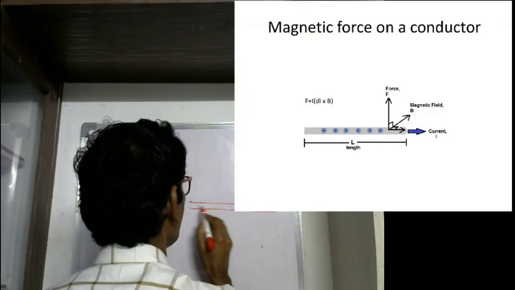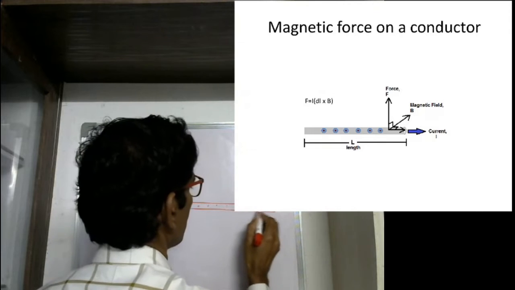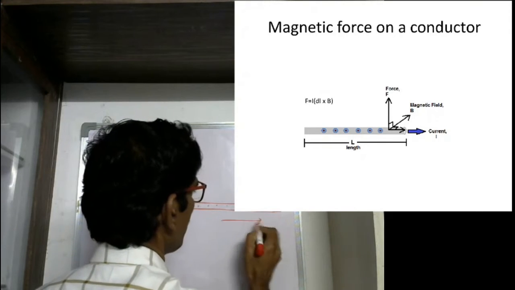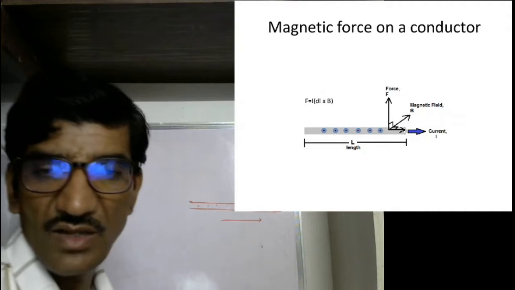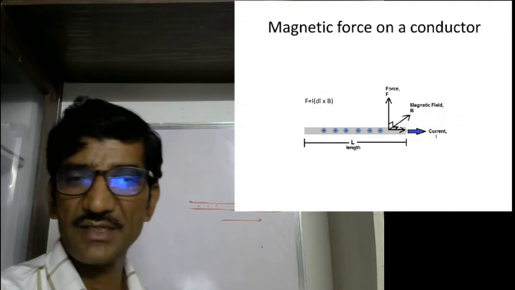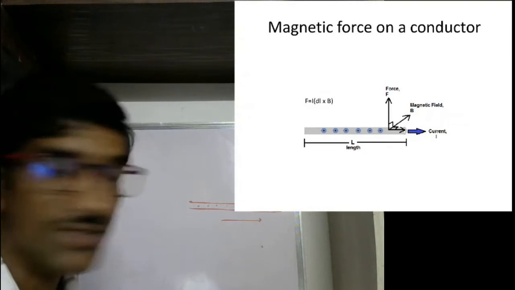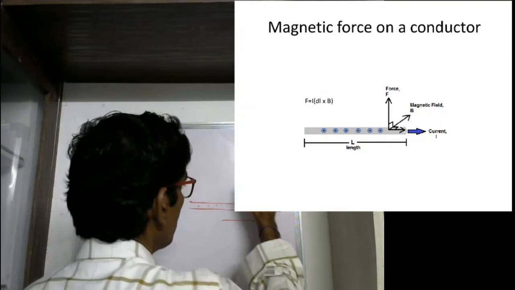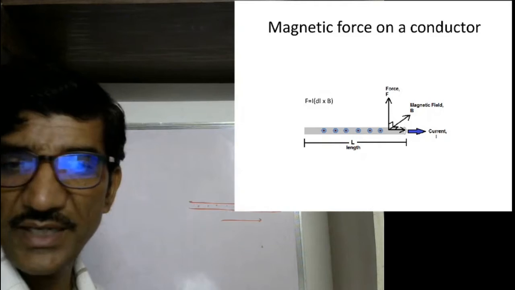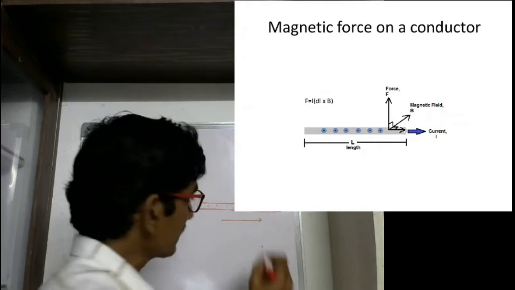Charge carriers are flowing. Here we are having the magnetic field. You can see that in the slide as well. Suppose that your magnetic field is inside of the board, and your current is flowing like this.